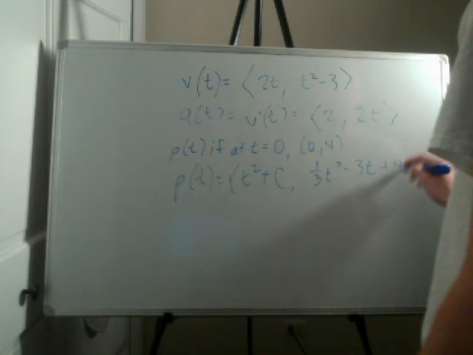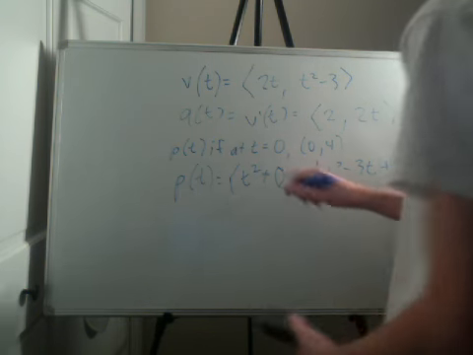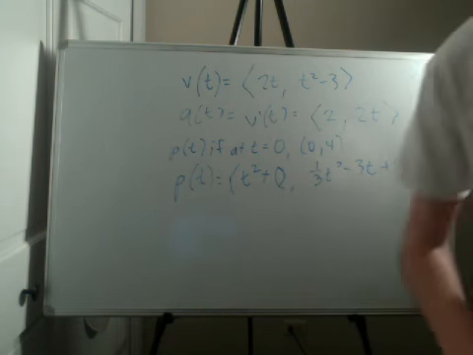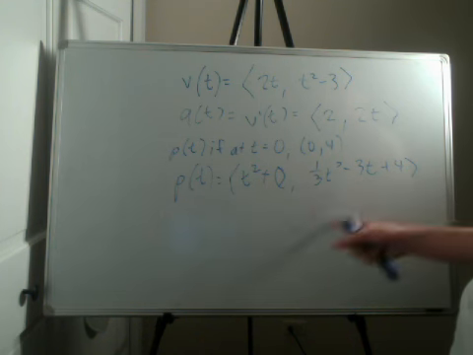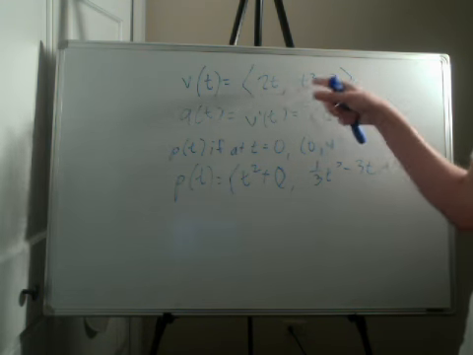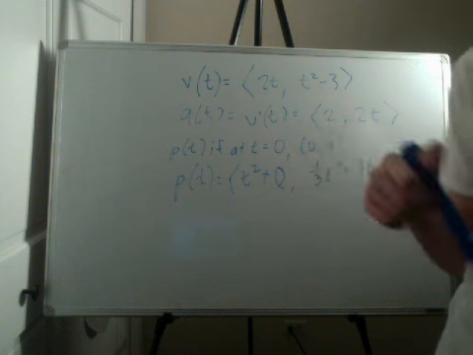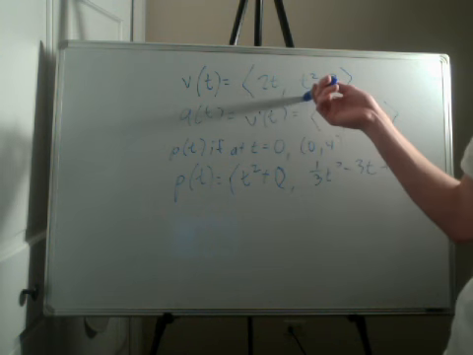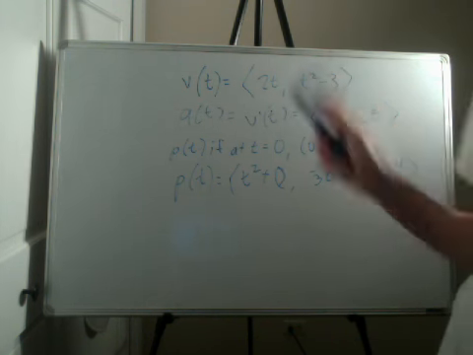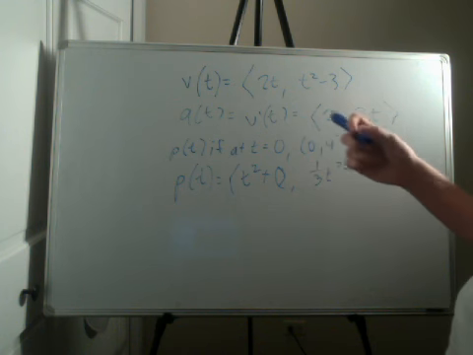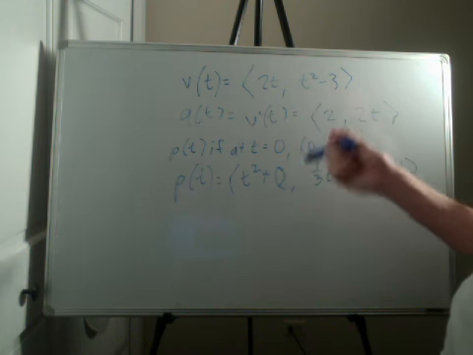So then what if the question says, when is the object at rest? Well, that would be when the velocity equals 0, obviously. But think about it like this. This is the position in the x direction, this is the position in the y direction. This is the velocity in the x direction, this is the velocity in the y direction. If this is 0, but this is still something that's not 0, then it's still moving in the y direction. We want it to not be moving at all, so you would have to find when this is going to equal 0 and when this is going to equal 0.